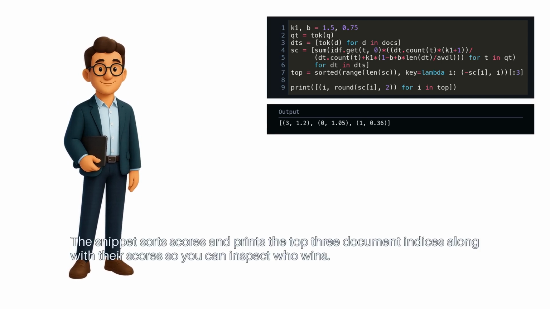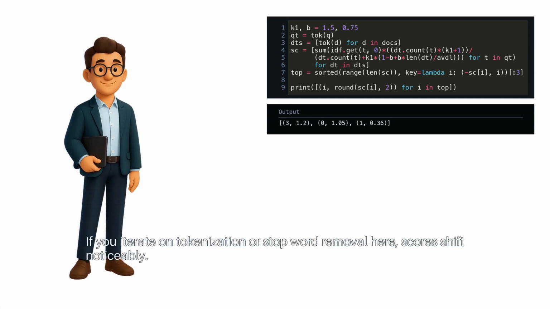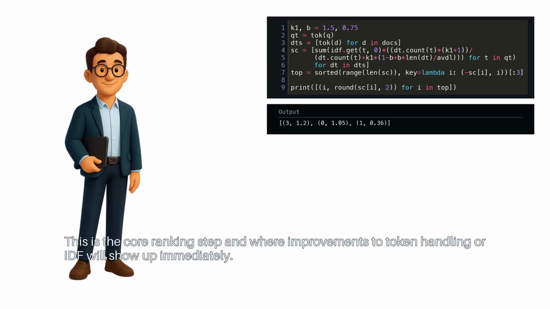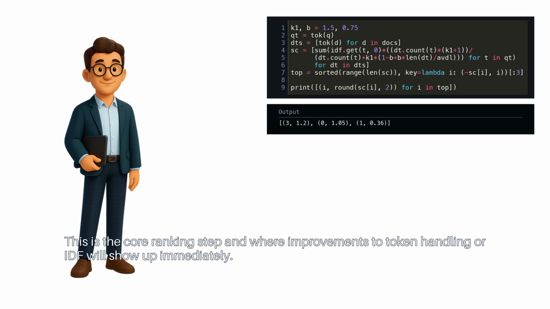The snippet sorts scores and prints the top 3 document indices along with their scores so you can inspect who wins. If you iterate on tokenization or stop word removal here, scores shift noticeably. This is the core ranking step and where improvements to token handling or IDF will show up immediately.